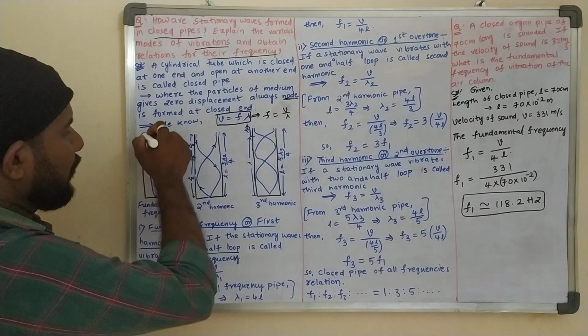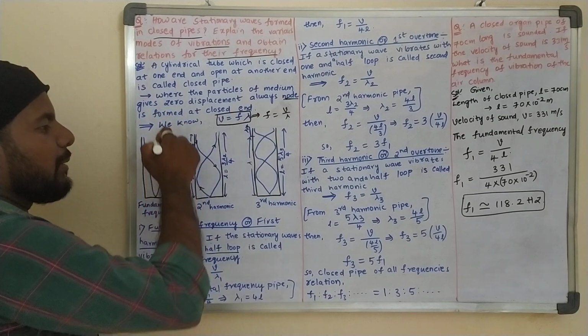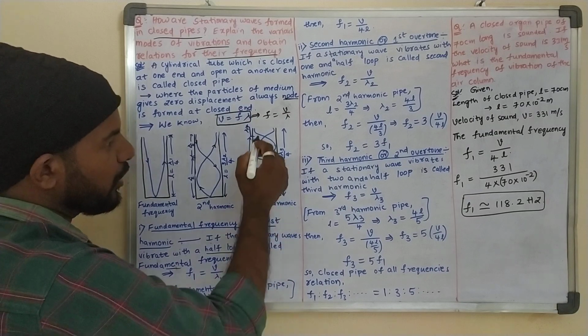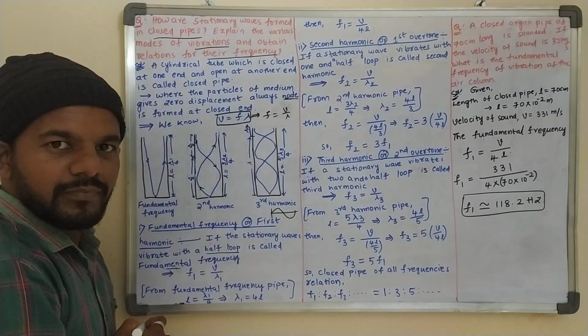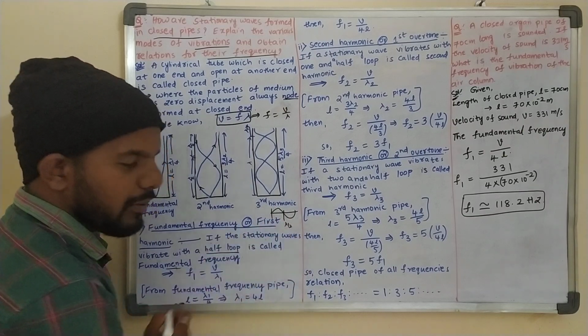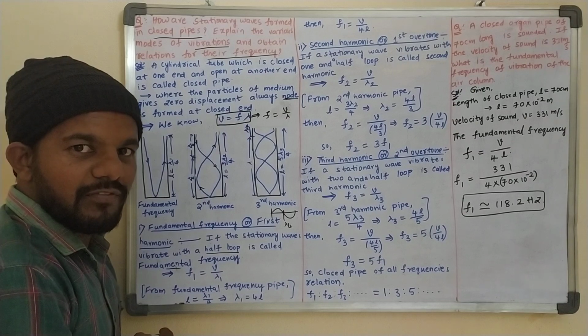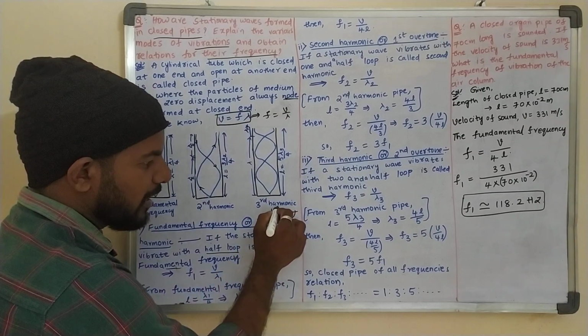Okay, so if you are applying the wave inside, then it is coming back. You can take this as the complete wave, which forms exactly lambda by 2. In the previous question also we discussed the same. If this is lambda by 2, then what would be here?